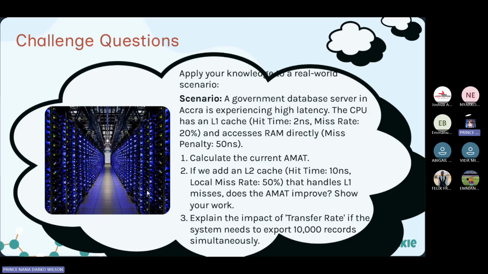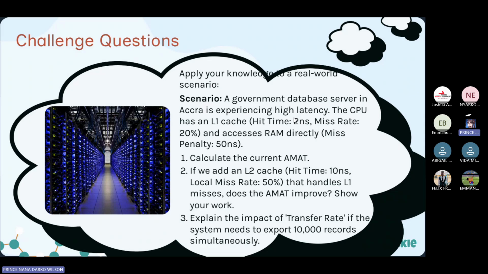Let's see why. The formula for average memory access time is hit time plus the product of the miss rate and the miss penalty. Since they never included a level 2, it will just be 2 plus 0.2 times 50.